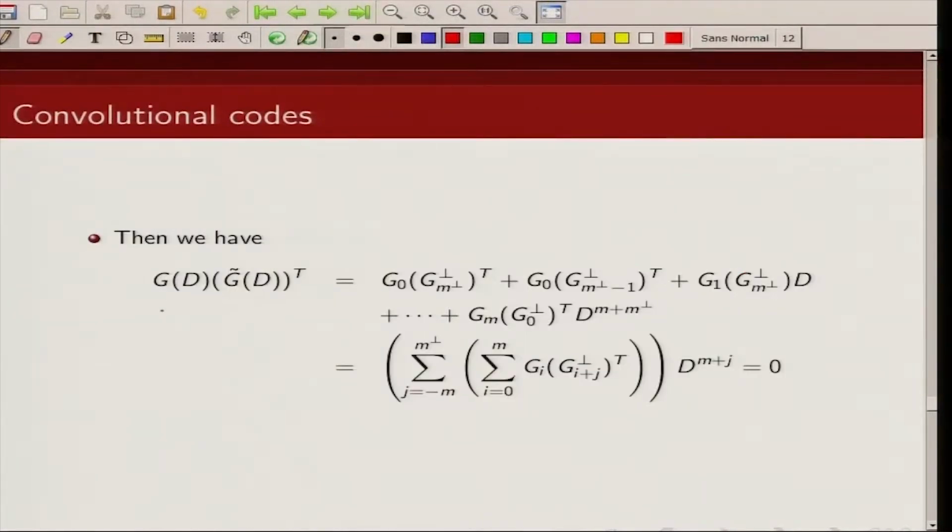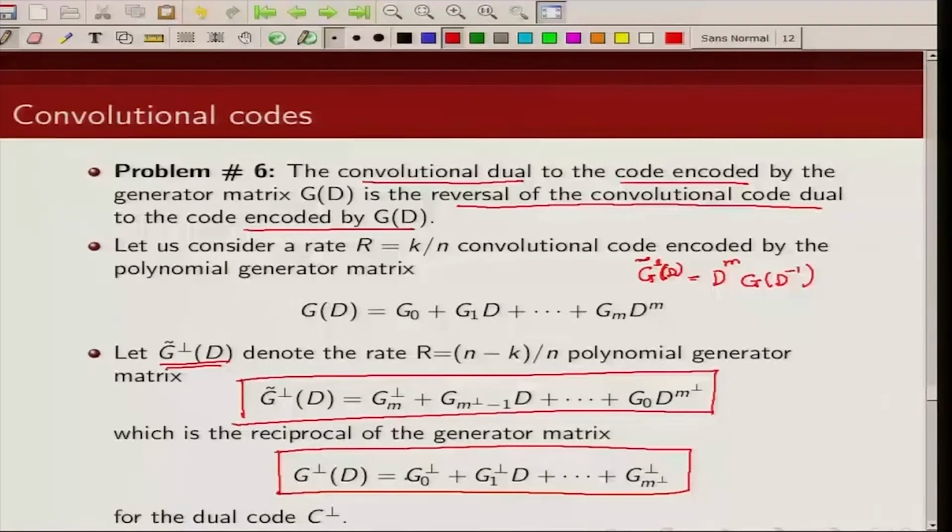So, let us try to find G(D) and the transpose of this reversal of the dual matrix. See, again pay attention to the question. Basically, what we are saying is that the dual of the code encoded by the generator matrix is given by the reversal of the convolutional code dual.